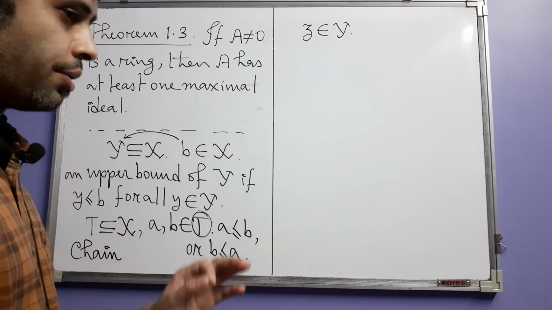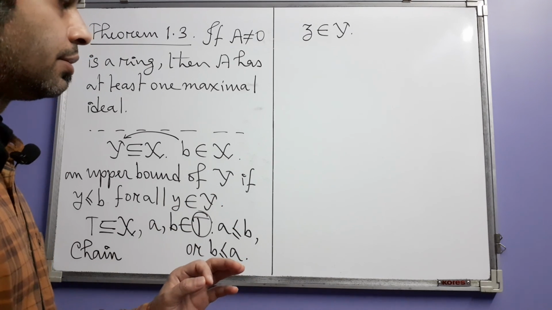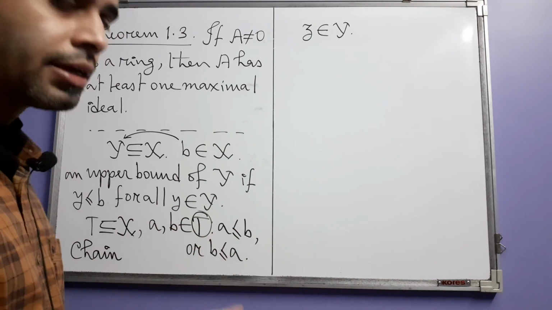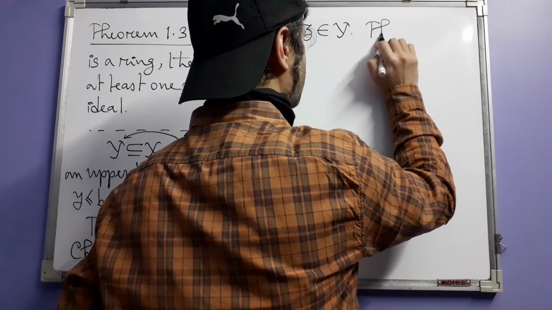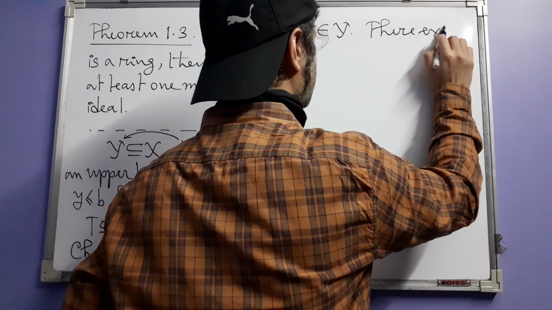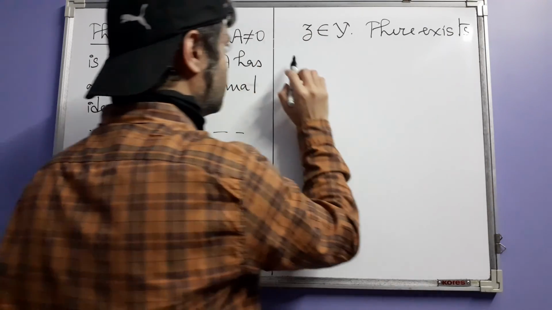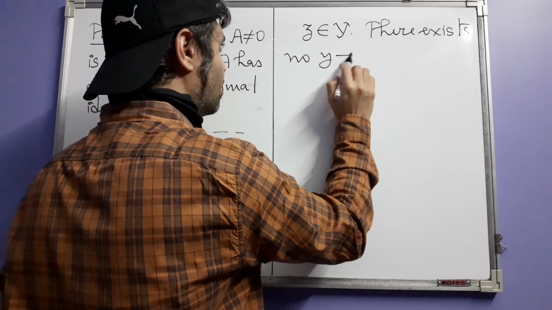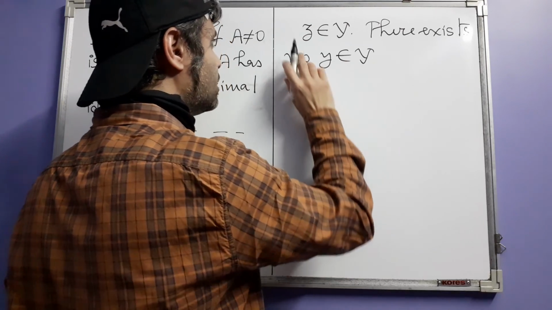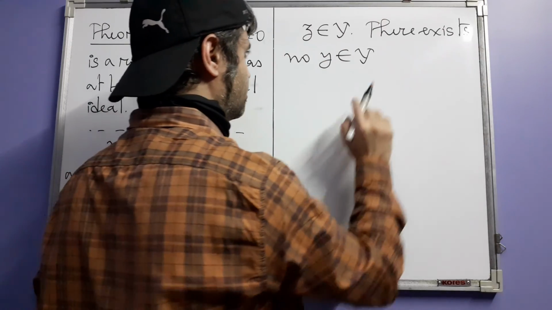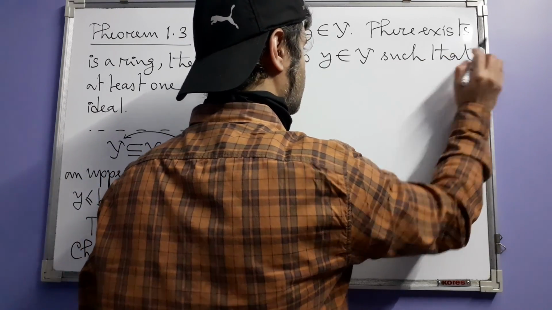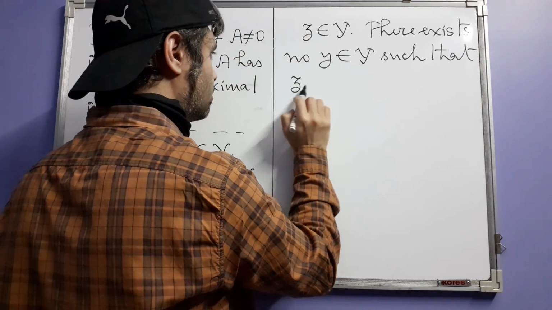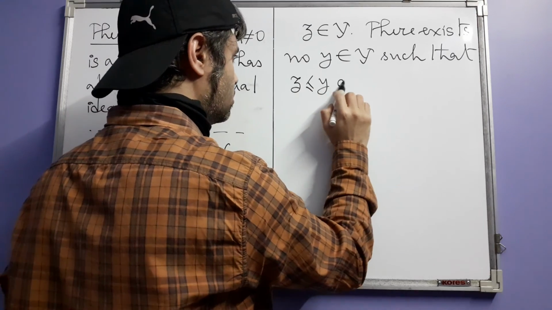You will not encounter another element in Y. There exists no element y in Y which exceeds this element in this sense, such that Z is less than or equal to y and Z is not equal to y.